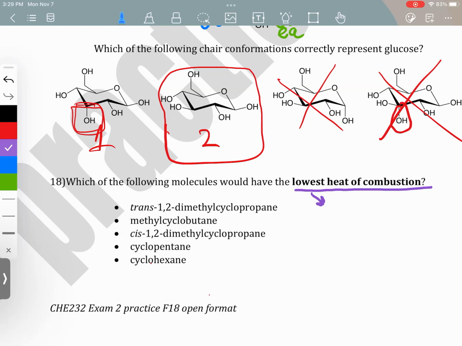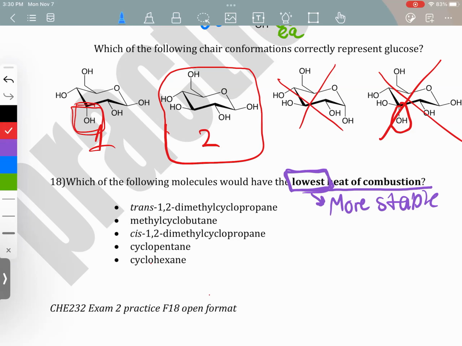More stable. Another key for that is anytime you see the lowest, always think of lower in energy. So lowest relates to that, which means you look for the more stable. So which one will release the least heat, which is stable.